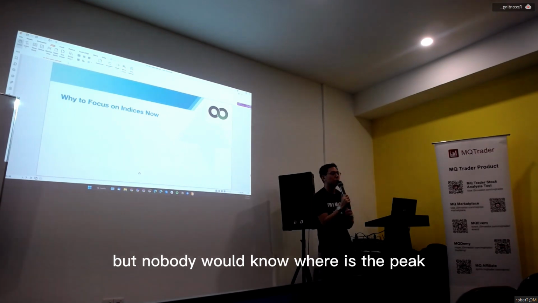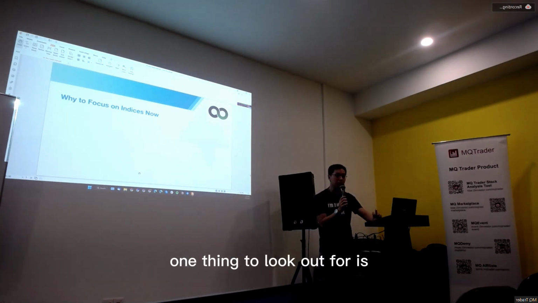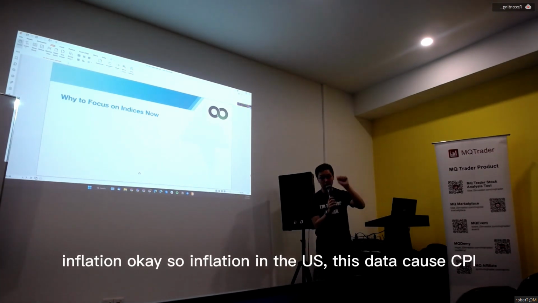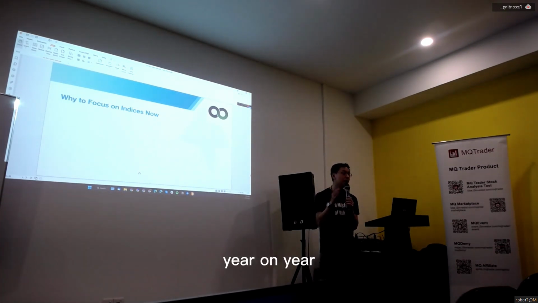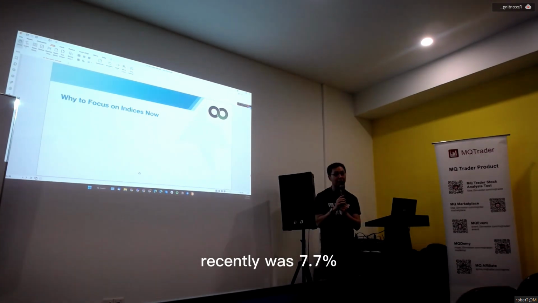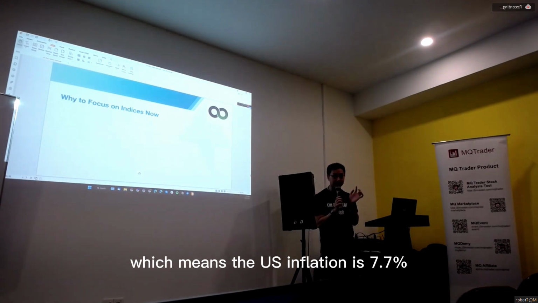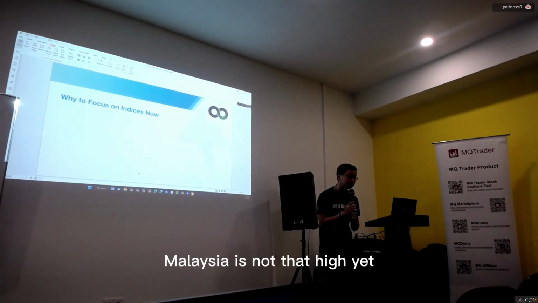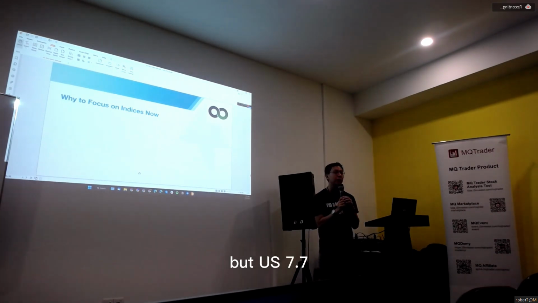One thing to look out for is inflation. Inflation in the US, this data is called CPI, year on year. The latest that we got recently was 7.7%, which means US inflation is 7.7%. Malaysia is not that high yet, but the US is 7.7.